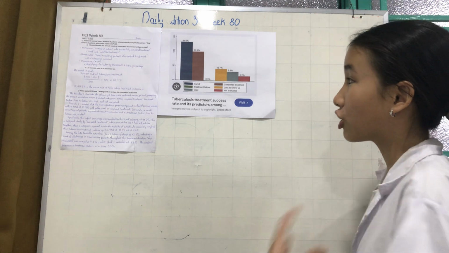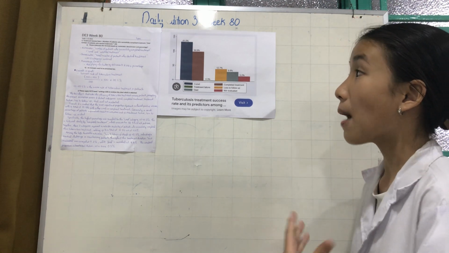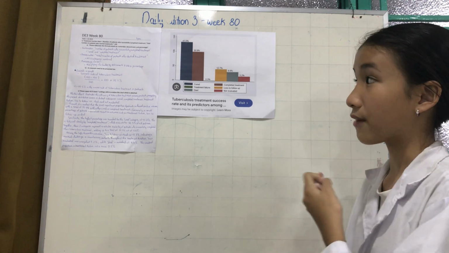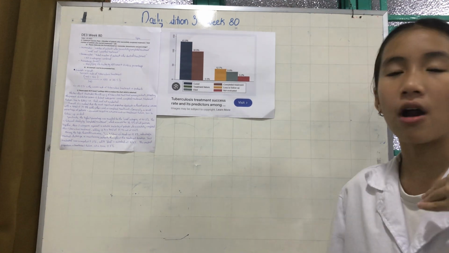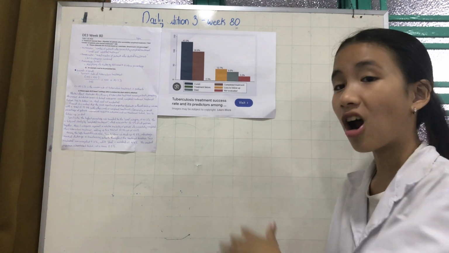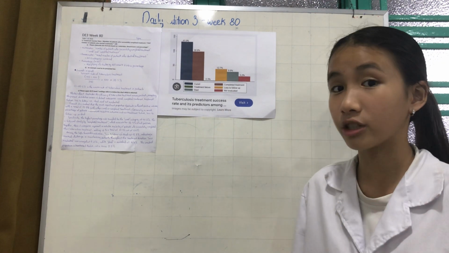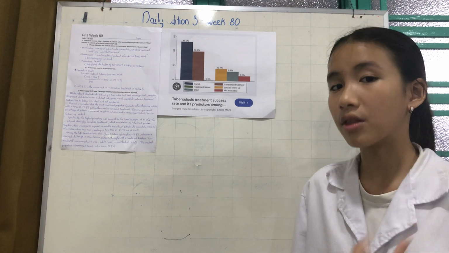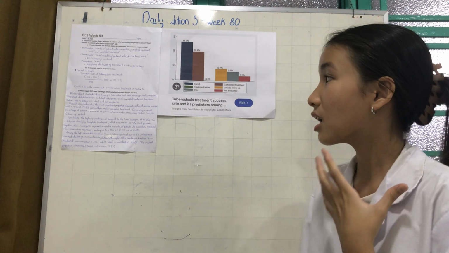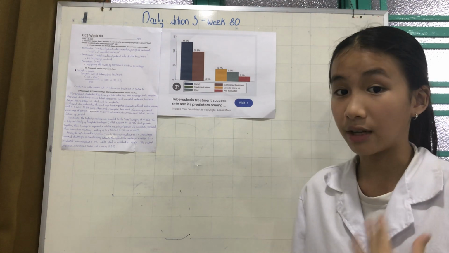But I think that the cured and the completed treatment were the positive outcomes, and the others, except for not evaluated, were the negative outcomes. And thereby, from evaluating this chart, I can give the conclusion that the majority of the patients who have the tuberculosis treatment achieved positive outcomes.